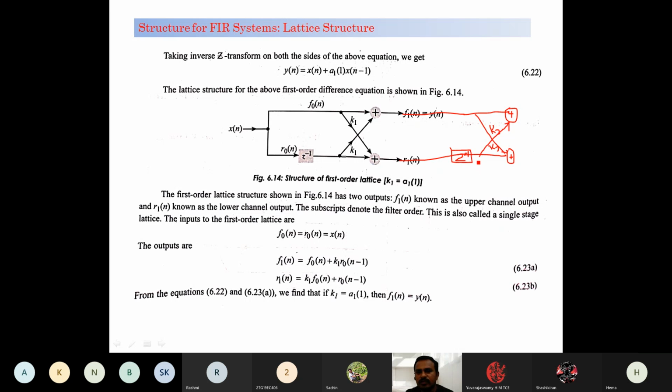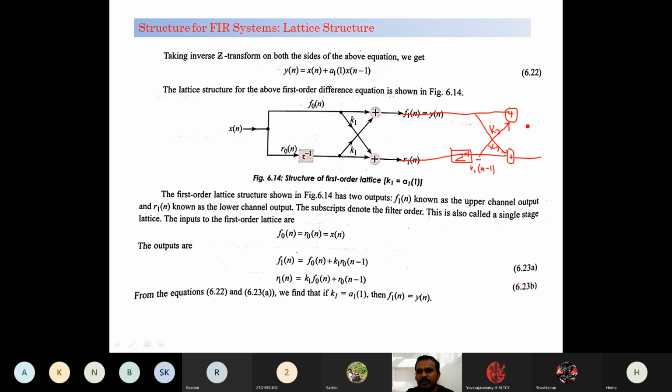So what is going to happen at the output of the delay? It is R1 of n minus 1. So we are going to observe here, it is R1 of n minus 1 we are going to get. Okay, so here it is f1 of n, f1 of n.